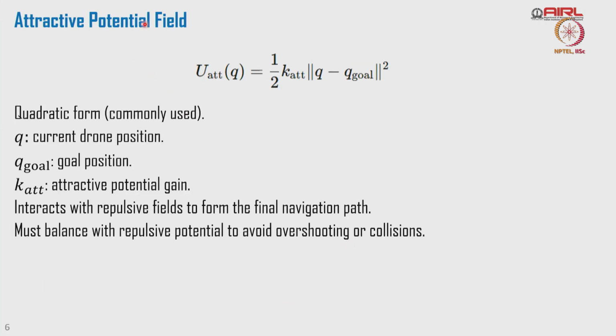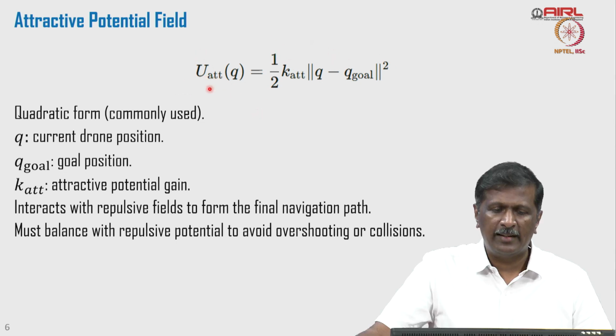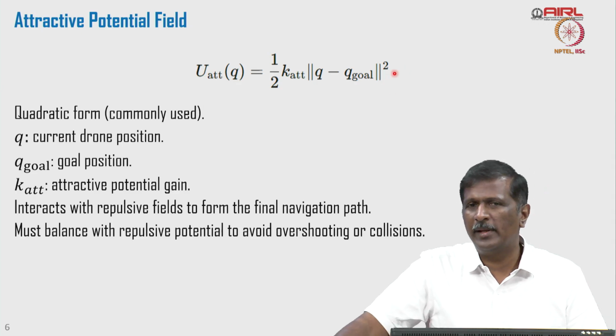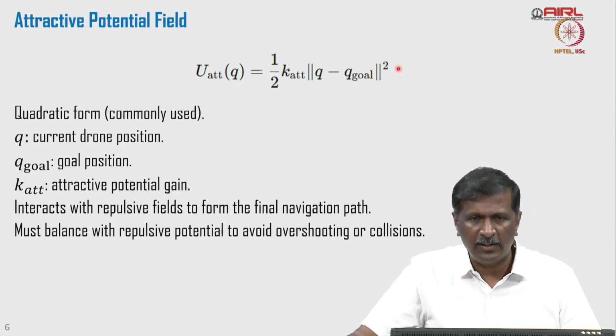So let's define the attractive potential in the mathematical sense. U attractive potential is 1 by 2 K, where K is a constant, times the norm of Q minus Q goal, where Q is the current position of the drone and Q goal is the goal's position where I want to go, or it could be the next waypoint where I have to travel.